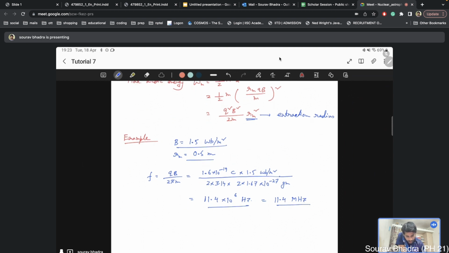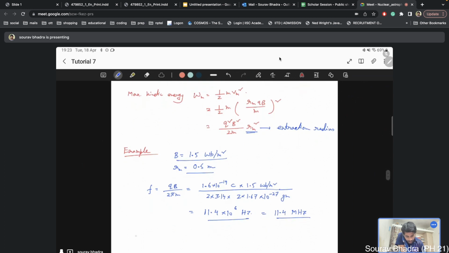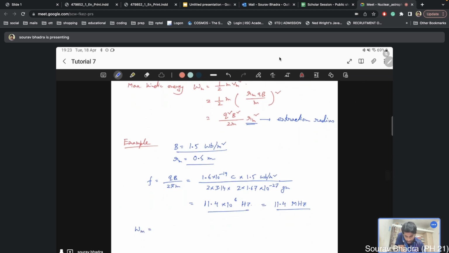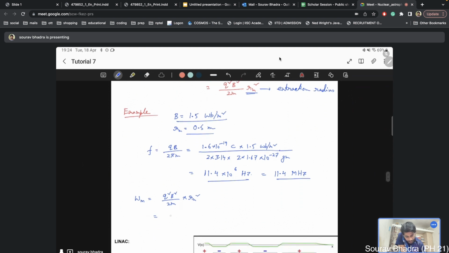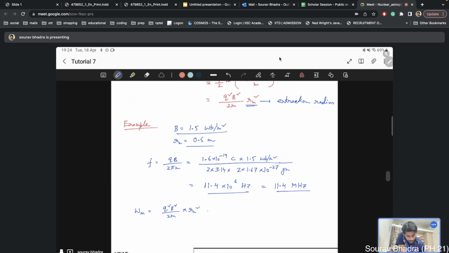That means this Wm. Wm is actually Q square B square by 2m into Rm square. Rm is given in your question. So Q is 1.6 times 10 to the power minus 19, squared. B is 1.5, squared, divided by 2m, which is 1.67 into 10 to the power minus 27 times 2.